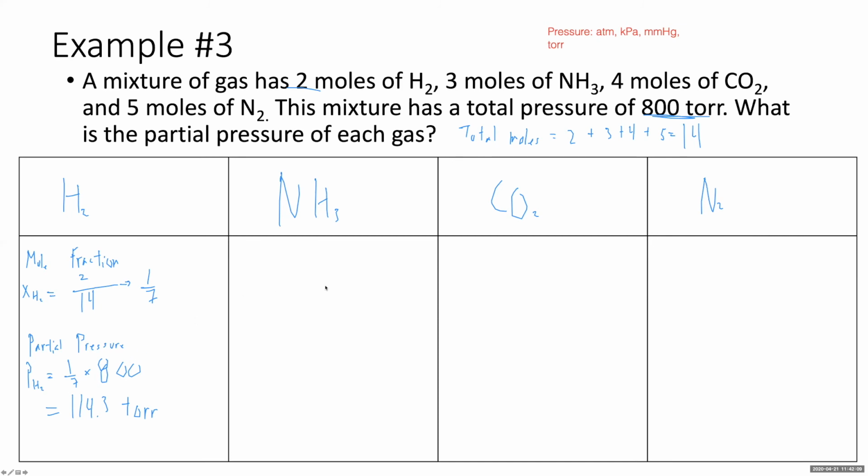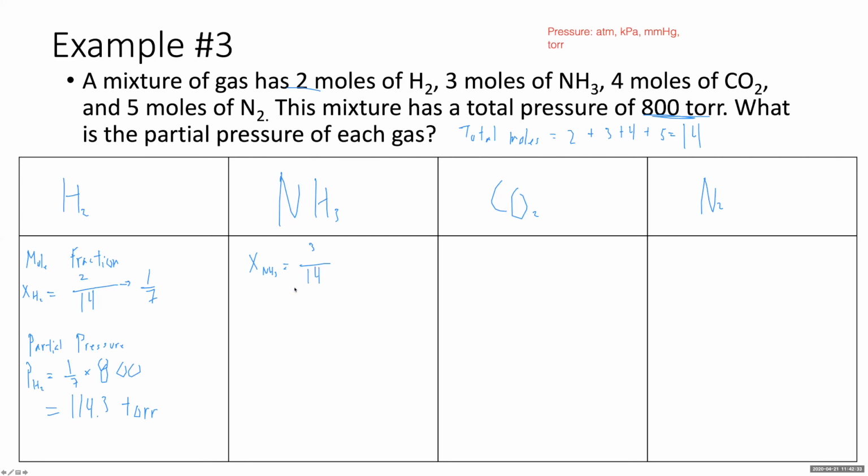We're going to do this for the next 3 gases. Over here for ammonia, we're going to find its mole fraction. X of NH3 will equal 3/14.